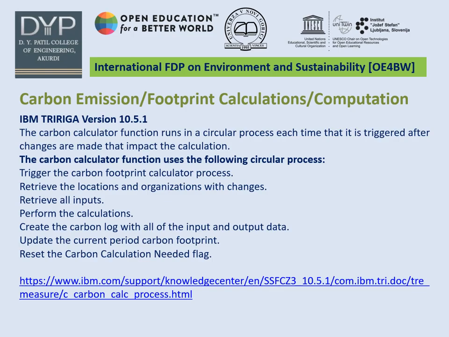The first step is to trigger the carbon footprint calculator process, then retrieve the locations and organizations with changes, then retrieve all the inputs, perform calculations, create the carbon log with all the inputs and output data, then update the current period carbon footprint, then reset the carbon calculation needed flag. Likewise, the carbon calculator function runs in a circular process each time it is triggered.